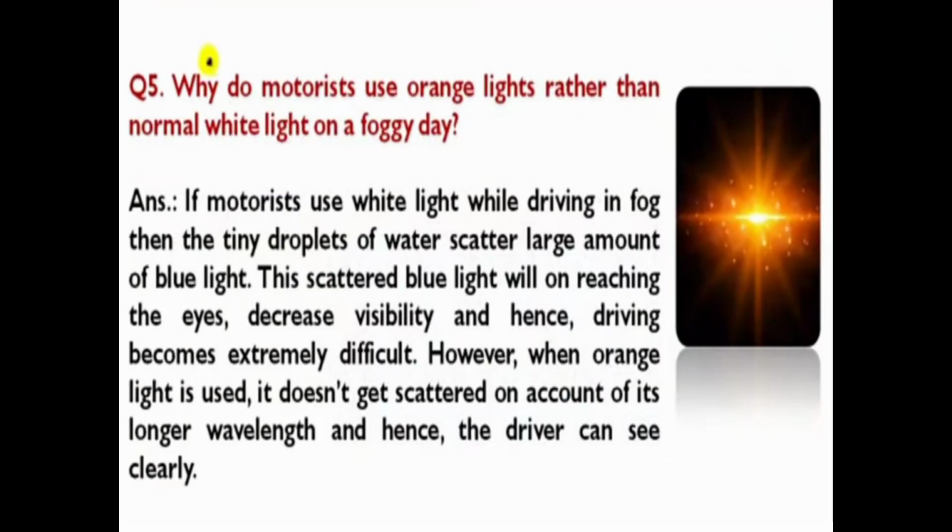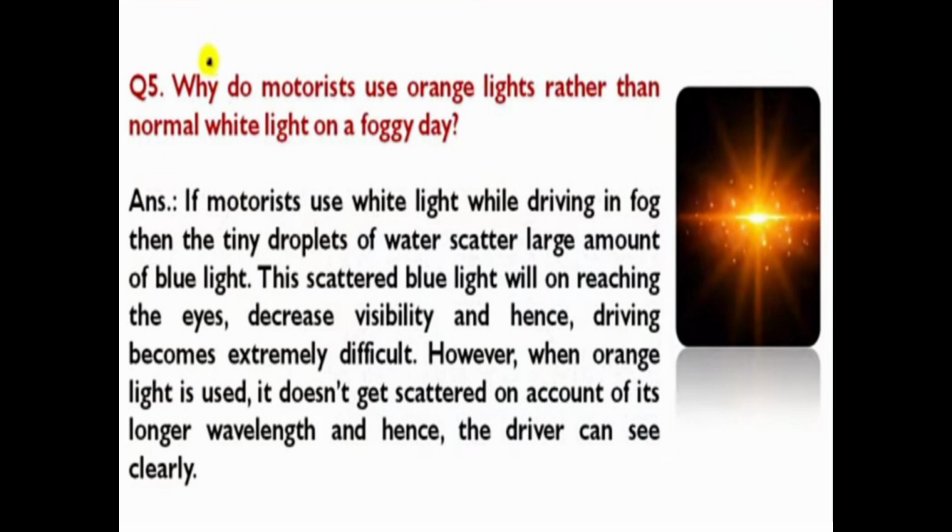Now, why do motorists use orange light rather than normal light on a foggy day? Why do they use orange light? If motorists use white light while driving in fog, then the tiny droplets of water scatter a large amount of blue light. As we clearly know, whenever light passes through the atmosphere, the particles scatter blue light first.